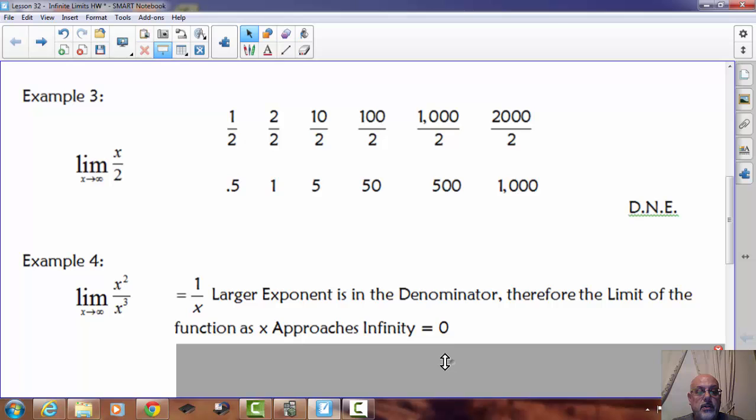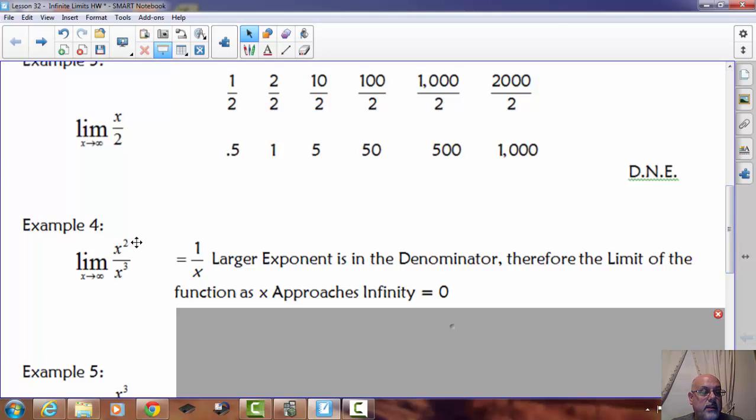Therefore, the limit of the function as x approaches infinity is 0. The exponent in the numerator is 2 and the exponent in the denominator is 3. We could say this is bottom heavy, the larger exponent is in the denominator. When that's the case, the limit as x approaches infinity is 0.